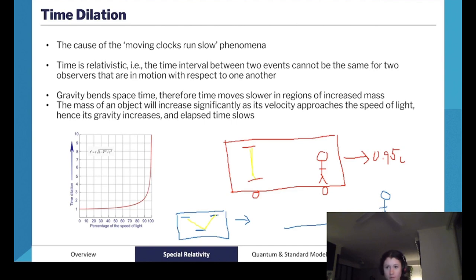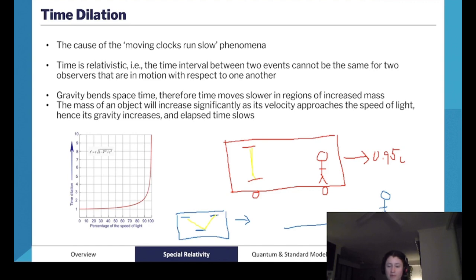So now let's think about Einstein's second postulate. If both of these observers are inertial, say they're also in a vacuum, they're seeing that light move at the same speed. From both of their perspectives, the light is moving at c.